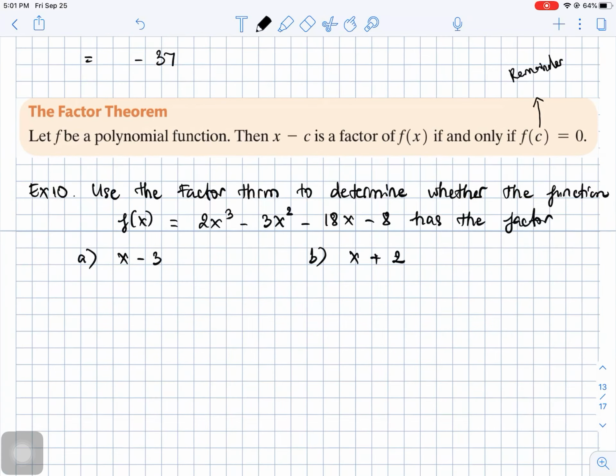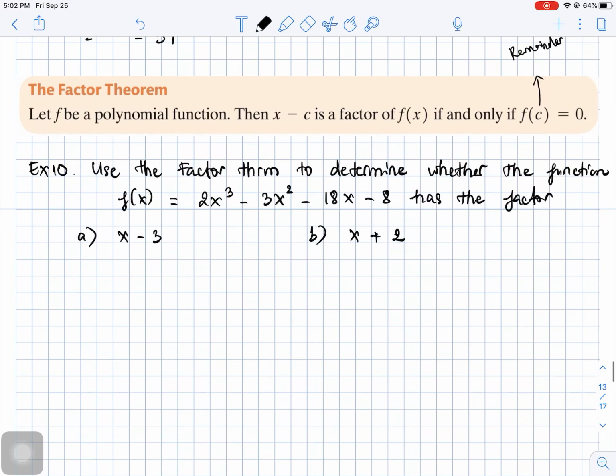So let's look at the problem, then we'll go back to the theorem to understand it better. Example number 10. Use the factor theorem to determine whether the function f of x equals 2x cubed minus 3x squared minus 18x minus 8 has the factor x minus 3, x plus 2.